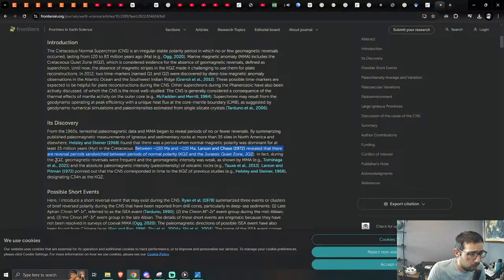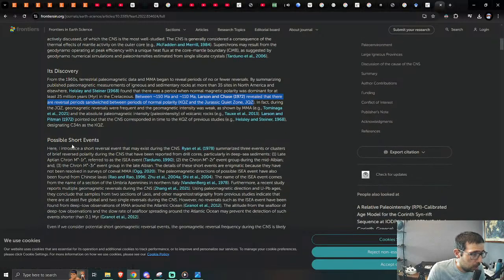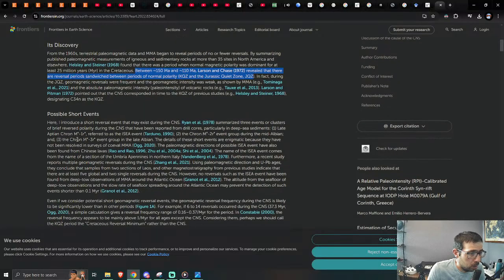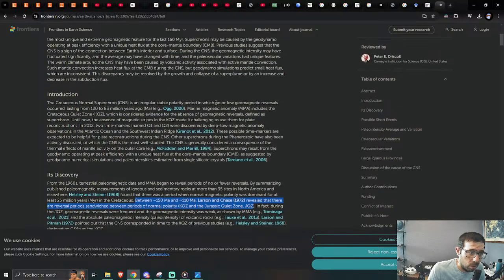During the Jurassic quiet zone, geomagnetic reversals were frequent and the geomagnetic intensity was weak as shown by MMA. Pointed out that the Cretaceous normal supercron corresponded in time to the Cretaceous quiet zone of previous studies. Okay, Jurassic quiet zone is for sure a thing.